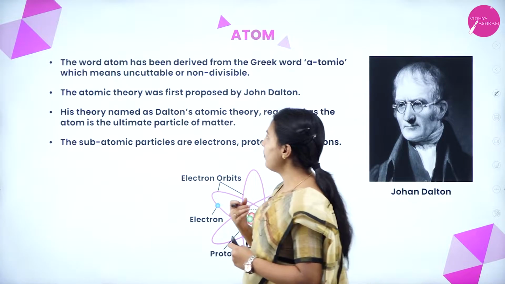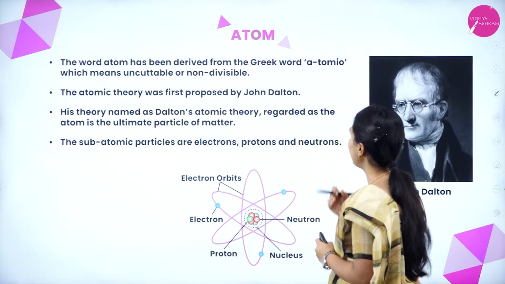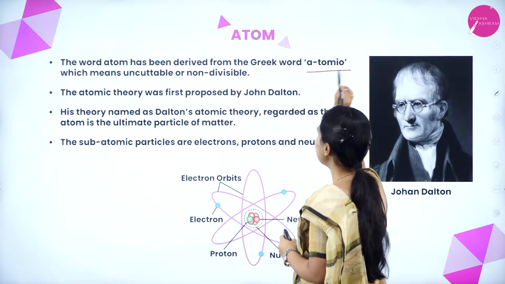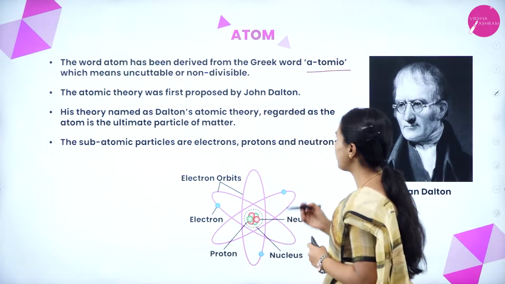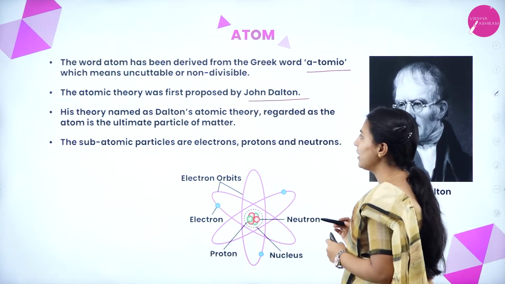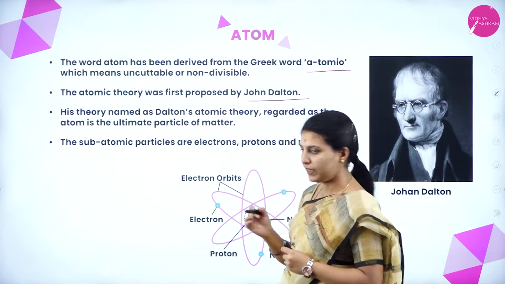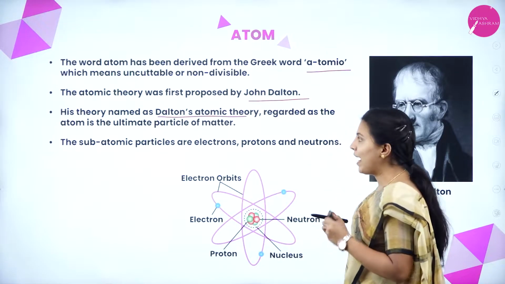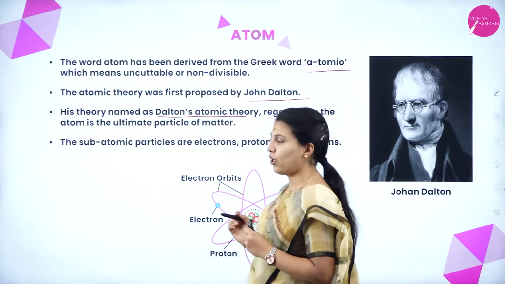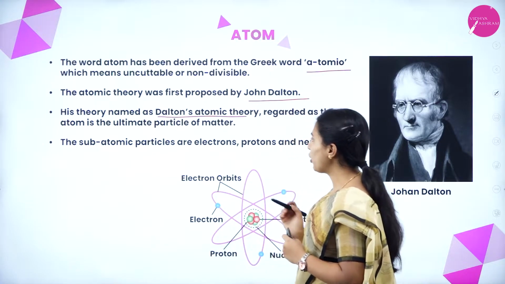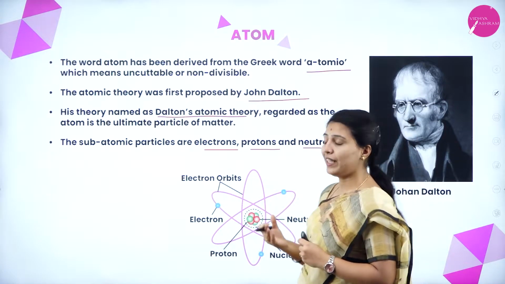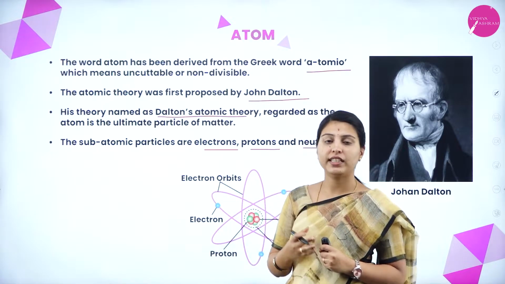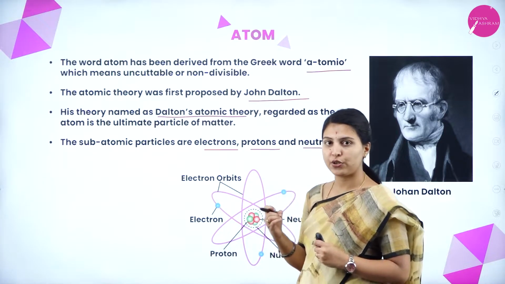The word atom has been derived from the Greek word atomio, which means uncuttable or non-divisible. The atomic theory was first proposed by John Dalton. His theory, named Dalton's atomic theory, regarded the atom as the ultimate particle of matter. The subatomic particles are electrons, protons and neutrons. But what John Dalton told was that the atom can neither be created nor destroyed.